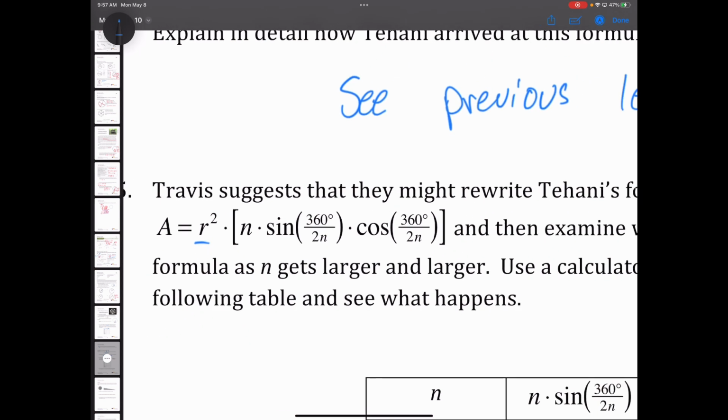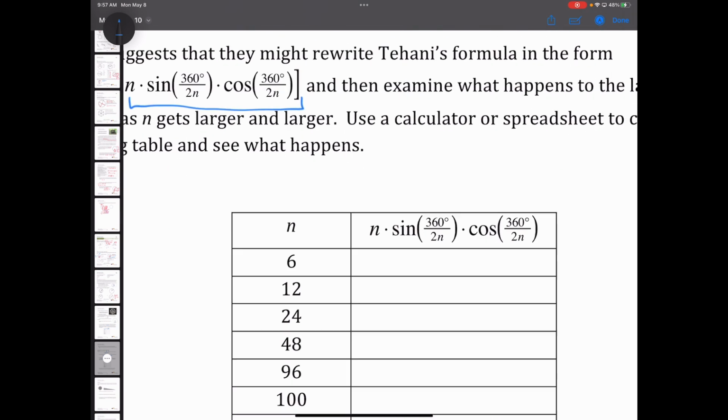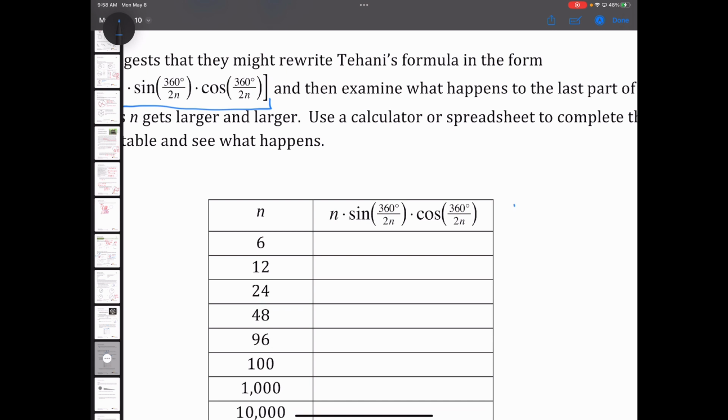And we want to look at this n times sine of 360 over 2n times cosine of 360 over 2n. Okay? For those of you that have the calculators that are just the TI, TI 14, TI 30, you may just need to write down, for this one, 360 over 2n, or over 2 times 6, is equal to 30, okay?